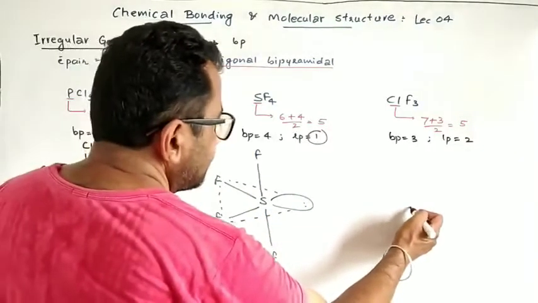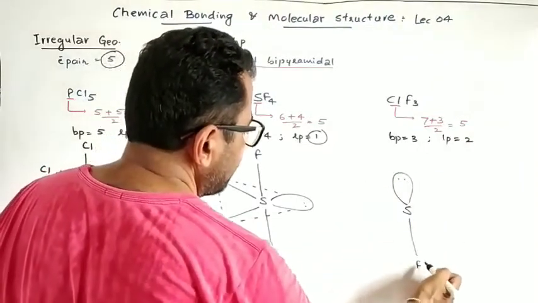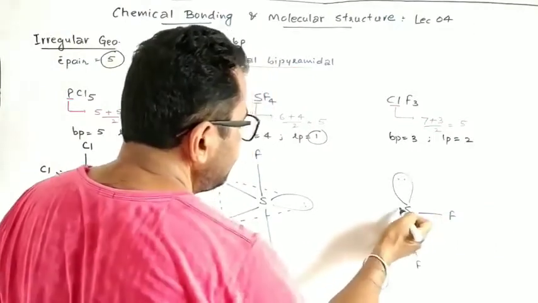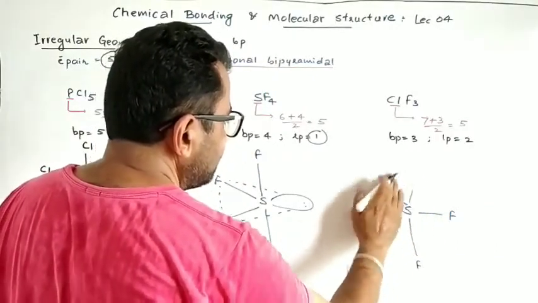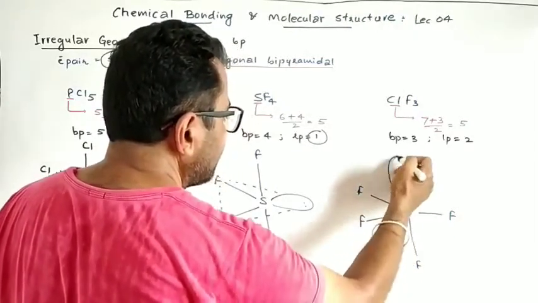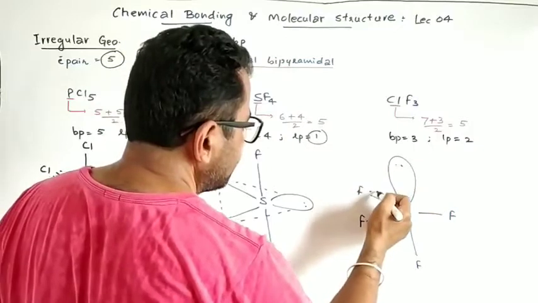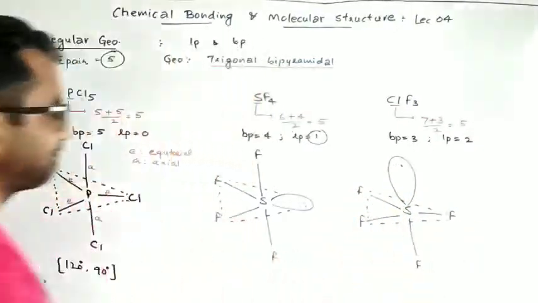And in the second structure, you can see that the lone pair is present on the axial position. So make it big, like this. So these 2 structures are possible.